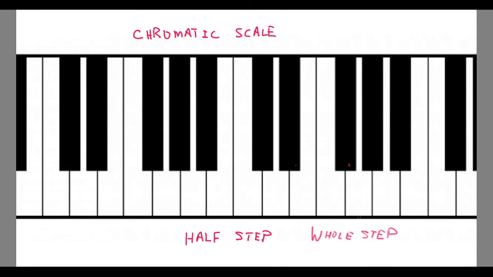So for instance, to go from C to D, we are traveling 2 half steps, because we go from C to the black key above C, then the black key above C to D. That is 1 whole step, which we sometimes abbreviate with a W.